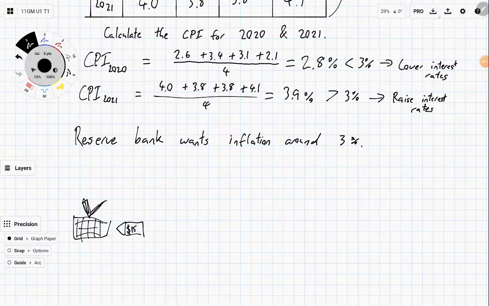This is your weekly shop, whatever it may be. The question is, if it costs you $150 at the start of 2020, what will it cost at the end?